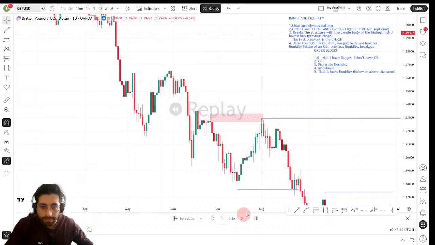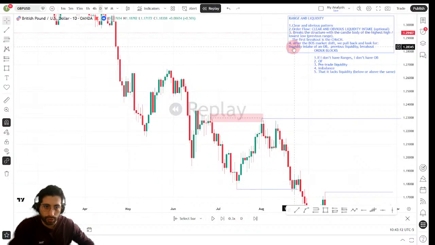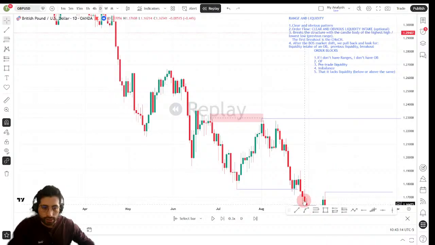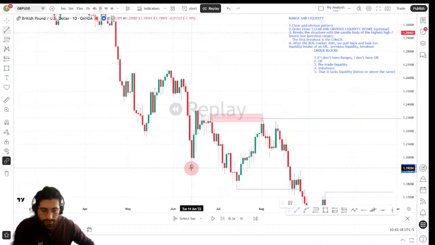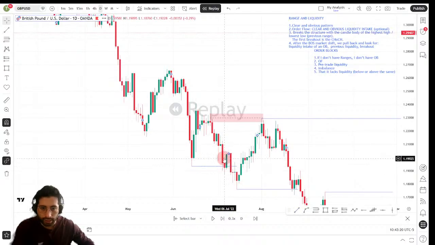We have to do the same exercise, remember. We go to the point 4, the boss, so this one. We analyze this boss here, and then we analyze the lowest low of this boss. So this one.